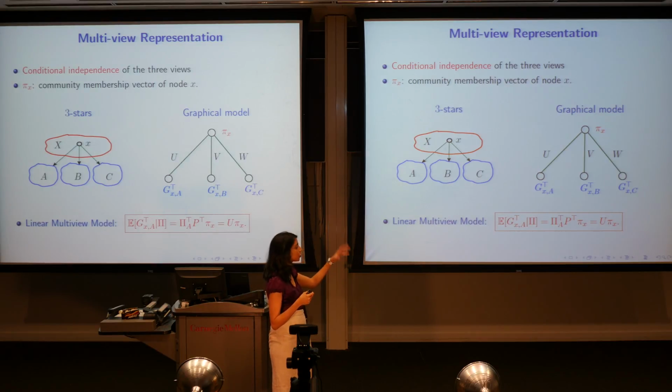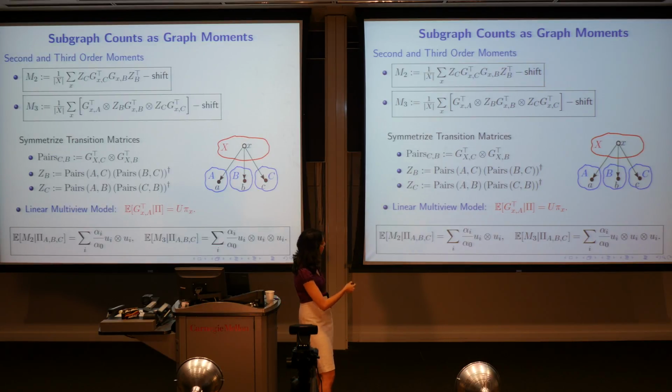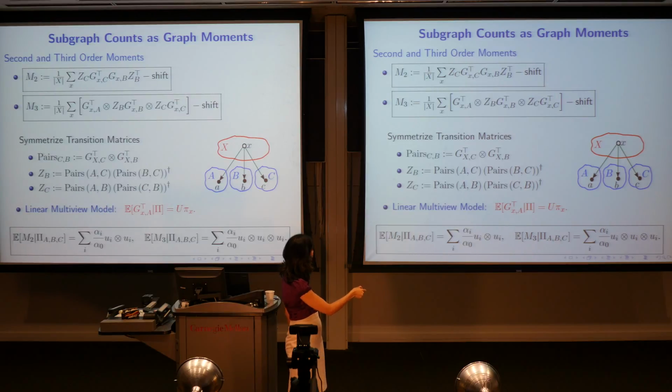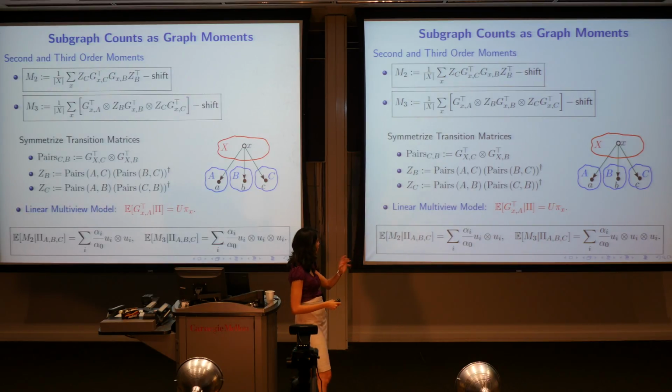Essentially, I have to symmetrize it, and I have to subtract some set of terms because of this Dirichlet distribution. Don't worry about the details here; you can find them in the paper. But the idea is I'm going to symmetrize the different views, and subtract out some terms depending on the Dirichlet parameter. Then I can reduce it to the moments in expectation being just these bilinear and trilinear forms.